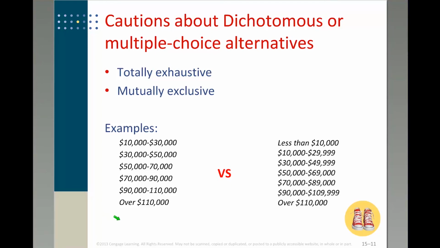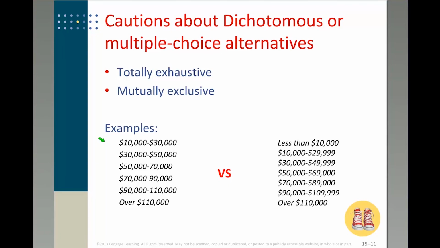Again, let's say you're asking about people's annual income, maybe for the family. I have two examples here. In the first one, the choices are provided as 10,000 to 30,000, 30,000 to 50,000, 50,000 to 70,000, etc.